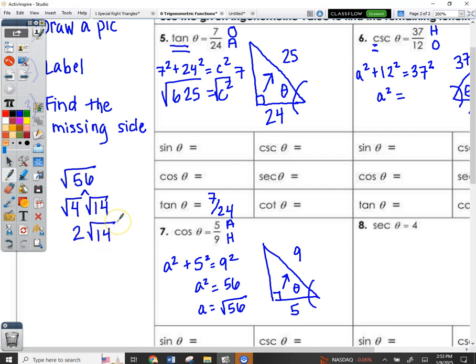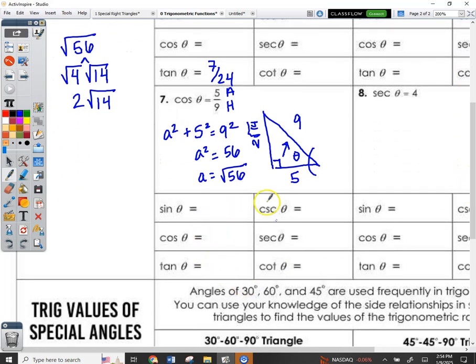So instead of writing the square root of 56 over here, you need to write 2 root 14. There we go. 2 root 14. So now when I go to find this, for the most part, it's already simplified. You're just going to have to rationalize with the root 14. Okay?